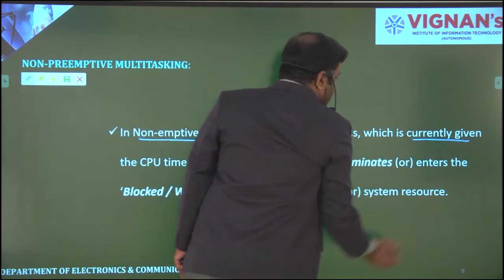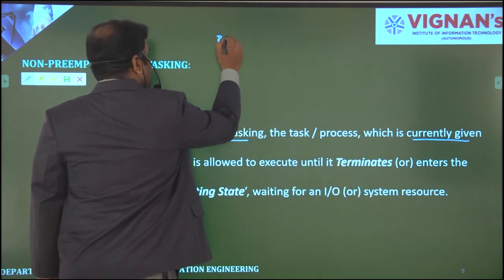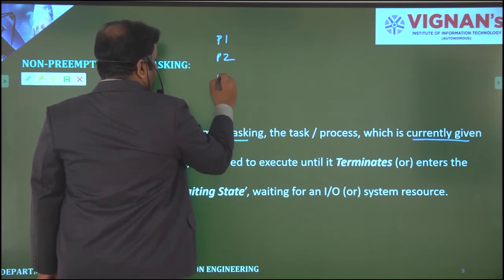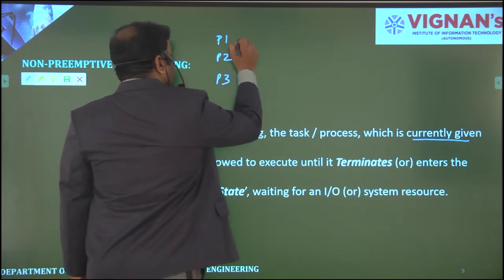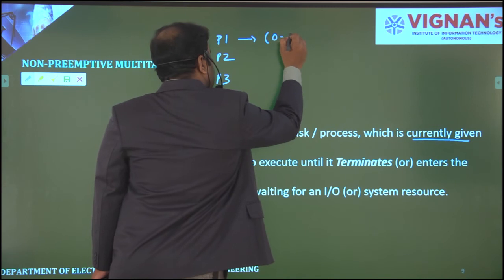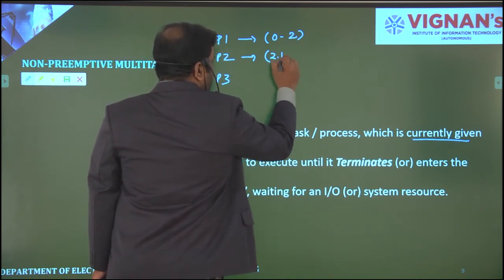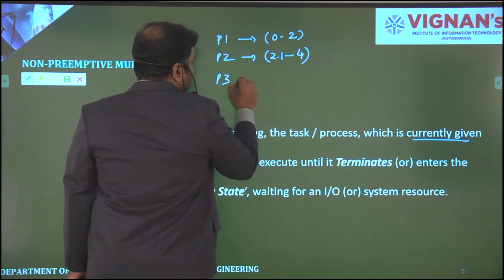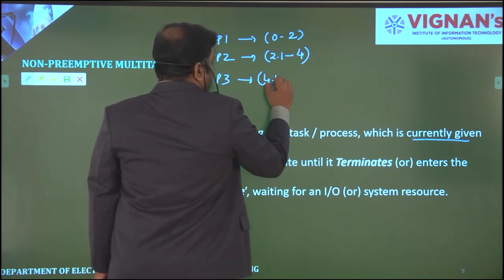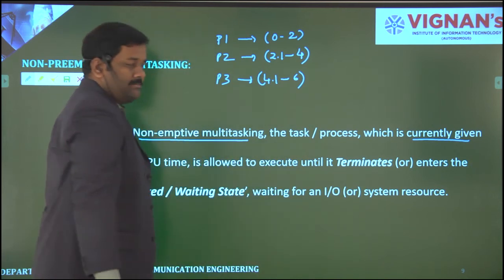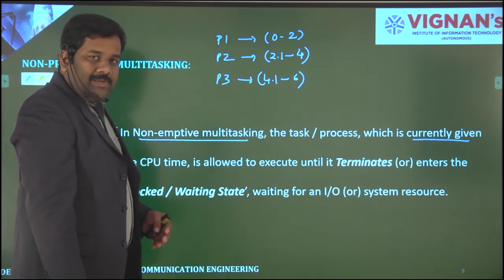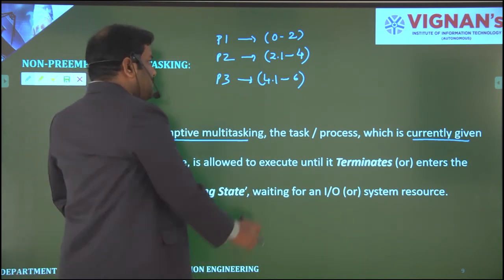Currently I have given three processes, P1, P2 and P3, and I have given the operation time 0 to 2 seconds for P1, 2.1 to 4 seconds for P2, and 4.1 to 6 seconds for P3. Manually I have given these time slots.